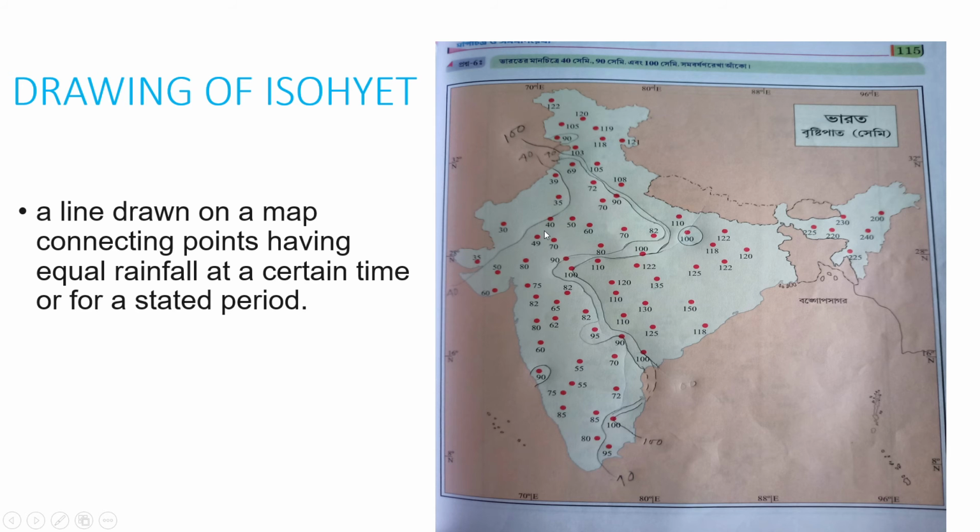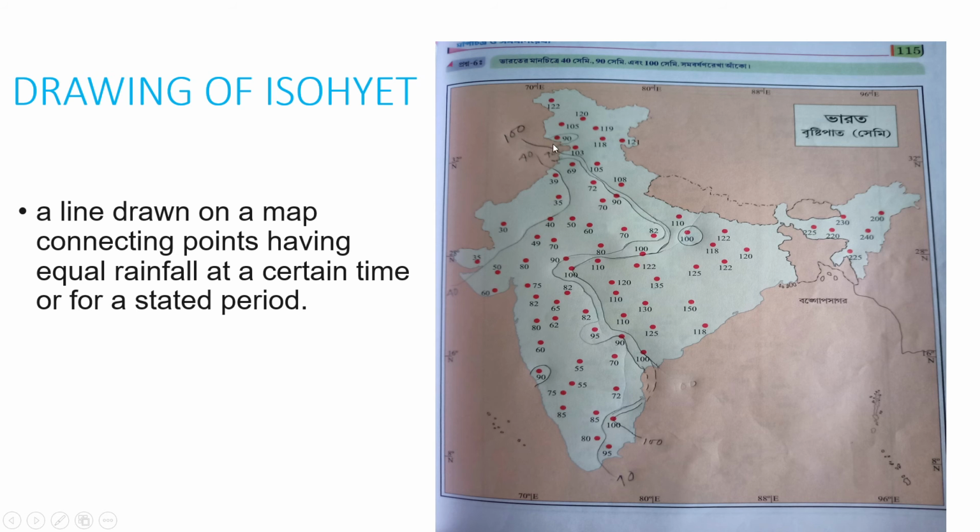The process is the same, and I have done this. You can just look into this. This is the 40 line, and this is the 90 separation line, and this is 100.